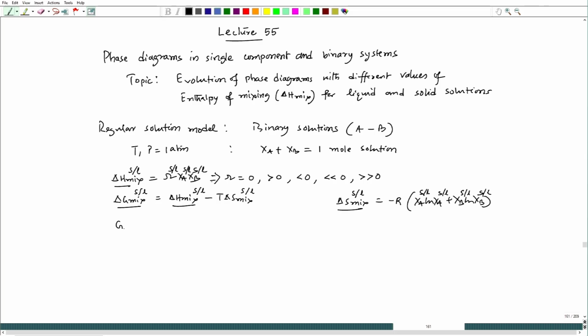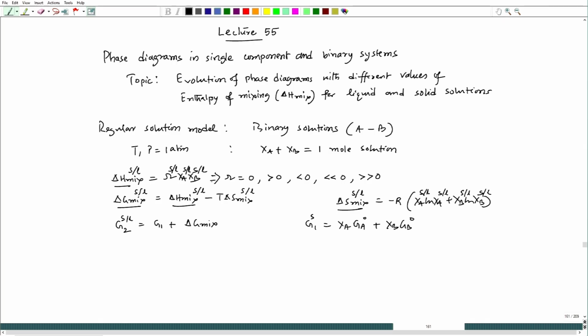Similarly, we can find out the solution free energy for solid or liquid, it will be G1 plus delta G mix. Okay. And here G1 is basically the free energy of the unmixed condition, and that time the mole fractions of pure A and B will be considered, and it is a kind of weighted average, basically x_A G_A naught plus x_B G_B naught.